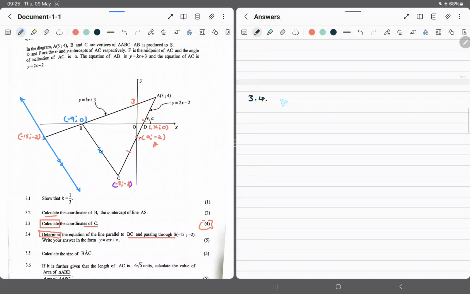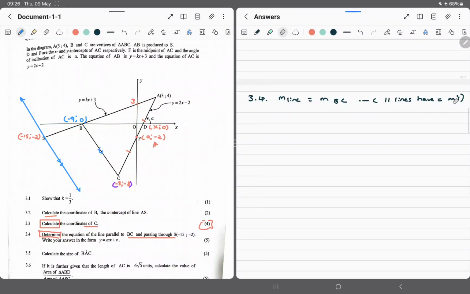So we can say here the gradient of the line is going to be equal to the gradient of BC. Right, what do we know? It's because parallel lines have equal gradients.